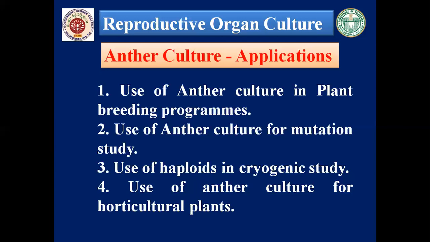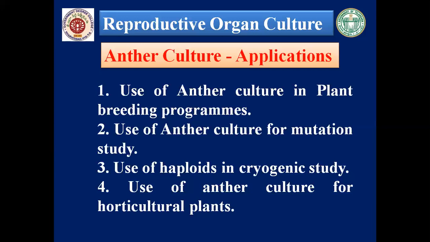If you want to store the germplasm of any particular plant, which may be an endangered plant or a medicinally important plant, it can be achieved through the anther culture technique, and it is a novel approach and a long-term preservation also.